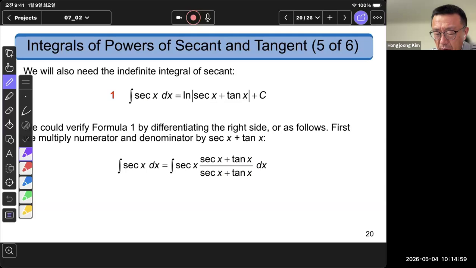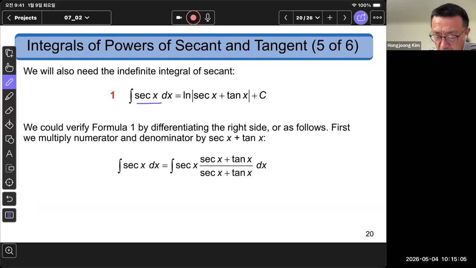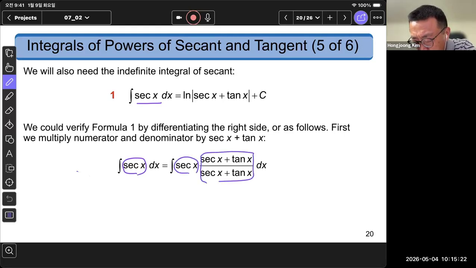And in case of the integration of secant, here is the answer. Secant x is the same as secant x times this one, that is the value 1 because the numerator and denominator are the same.